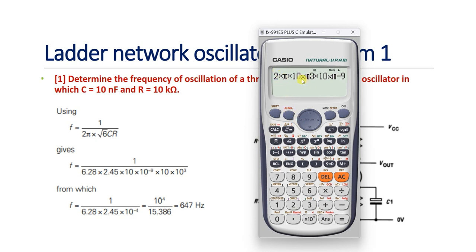So it is the denominator part. If I click equals, it will show the denominator answer. Then I have to do 1 divided by this answer, which is 1591.